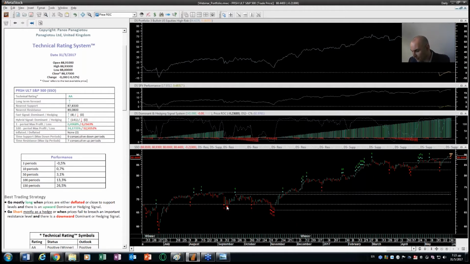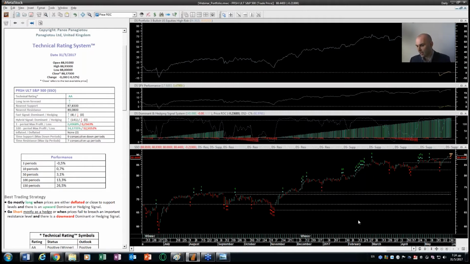So when you see these bullets here, these are all entry points, because this is an AA security. This is a security that large funds would consider a good opportunity for their portfolios. And at these specific points, as you see here, with almost 100% accuracy, they will adjust it on the long side.